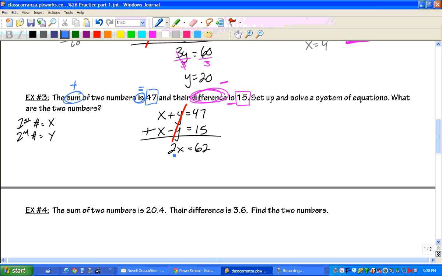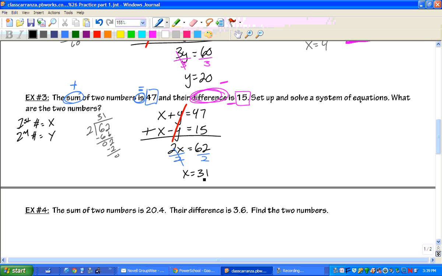To get the x by itself, you have to divide by 2. Off to the side, guys, if you can't do that in your heads, 2 goes into 6 3 times. Drop down your 2, and 2 goes into 2 once. So x equals 31.